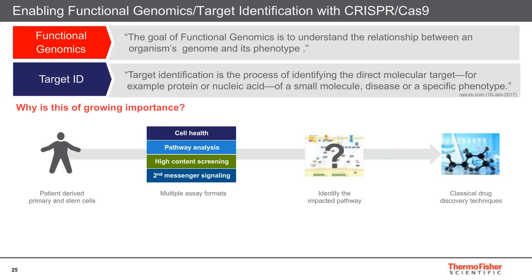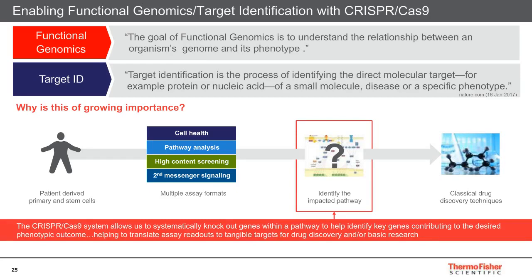You can use these cellular models in multiple assay formats depending on your interest, pick a pathway of interest, and try to identify key genes or targets in this pathway and use these in combination, especially for combination therapy, to identify novel drug molecules or use the existing small molecules or drugs for therapy purposes. And the CRISPR-Cas9 system allows us to do that by specifically knocking out genes of interest in a particular pathway or cell signaling pathway.